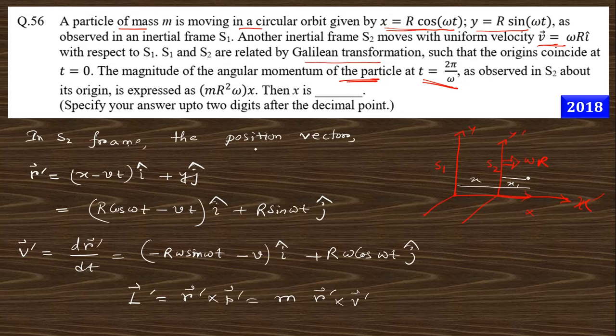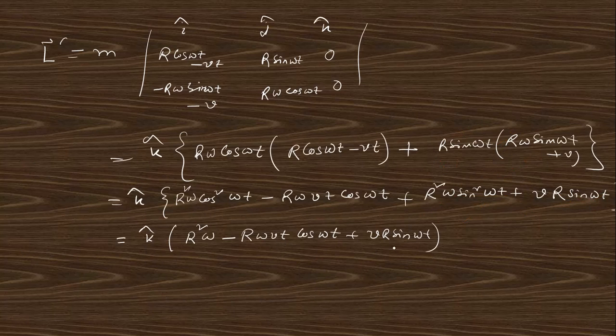Now put the value here: omega t is nothing but 2 pi. So sin 2 pi is 0, cos 2 pi is 1. So you will get k cap (r square omega minus 2 omega vt).